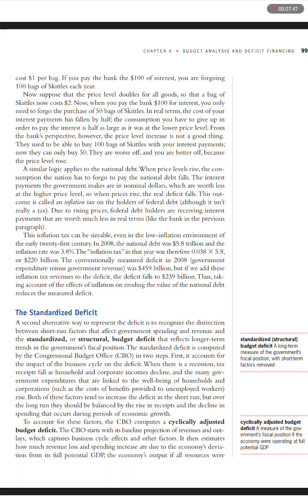The conventionally measured deficit in 2008, government expenditure minus government revenue, was $459 billion. But if we add these inflation tax revenues to the deficit, it falls to $239 billion. Thus, taking account of the effects of inflation on eroding the value of the national debt reduces the measured deficit.